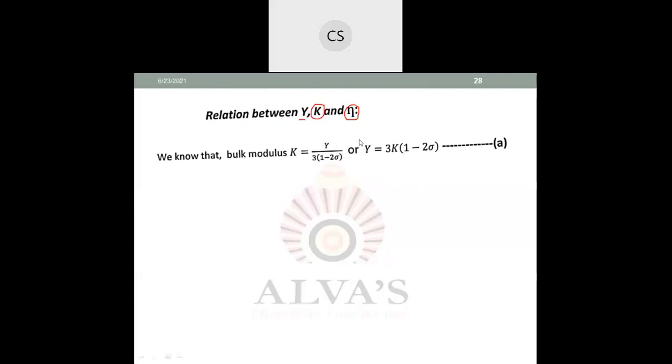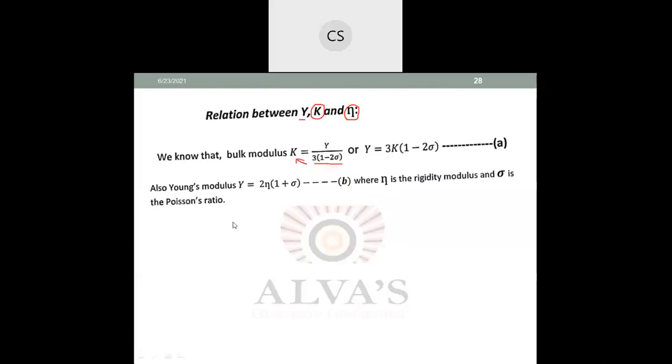That can be rewritten in terms of Young's modulus, that is take the denominator term to the left hand side. Therefore you will get Y is equal to 3K into 1 minus 2 sigma. Call that as expression A.